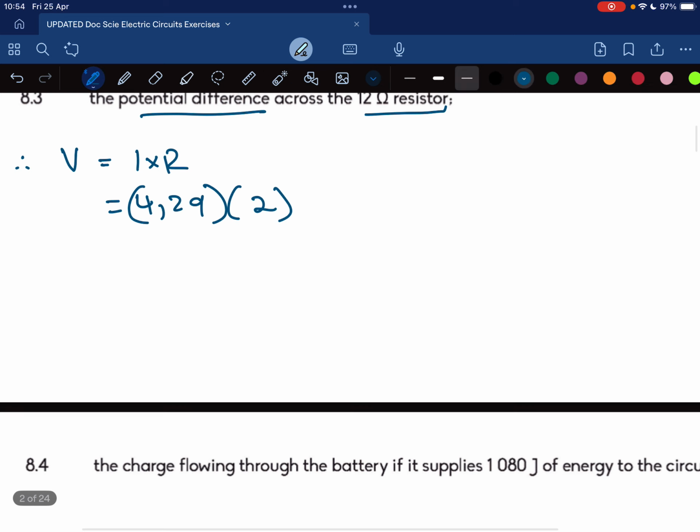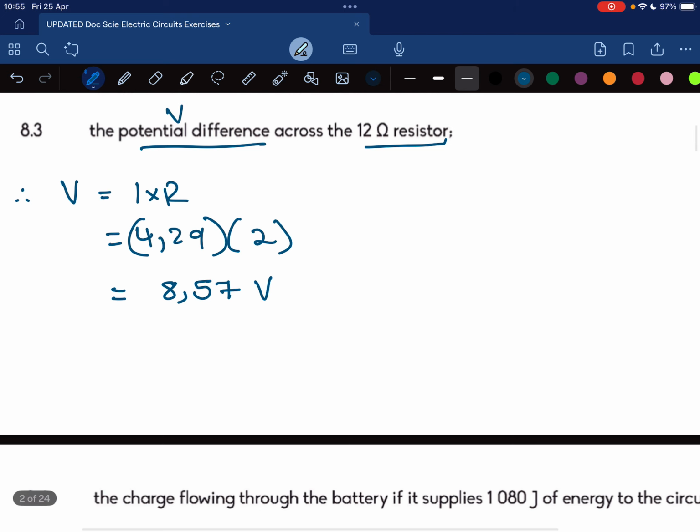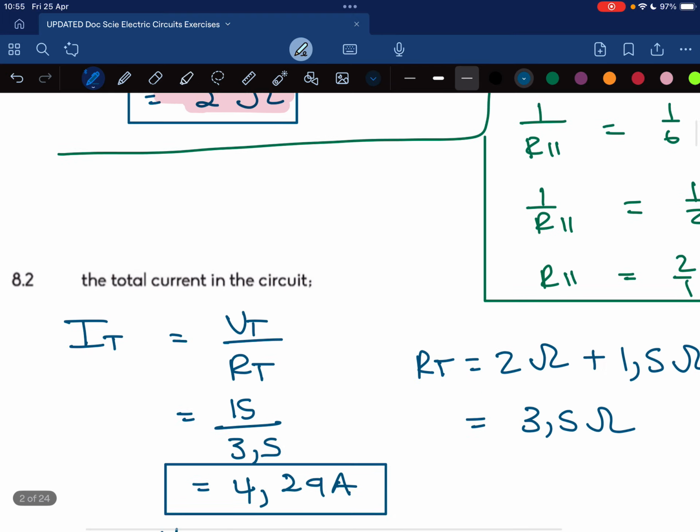So if you calculate that, you will get 8.57 volts. Now 8.57 volts is going to be the same as the volts that goes through each one, right?